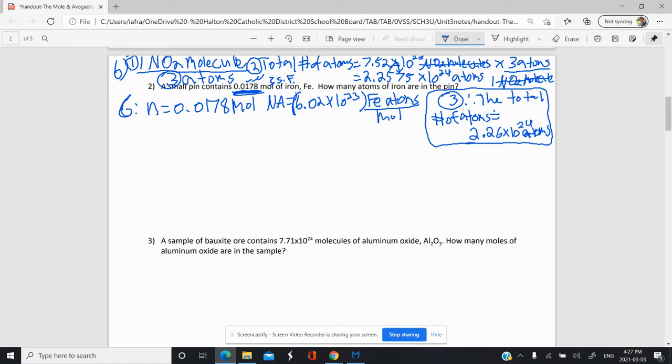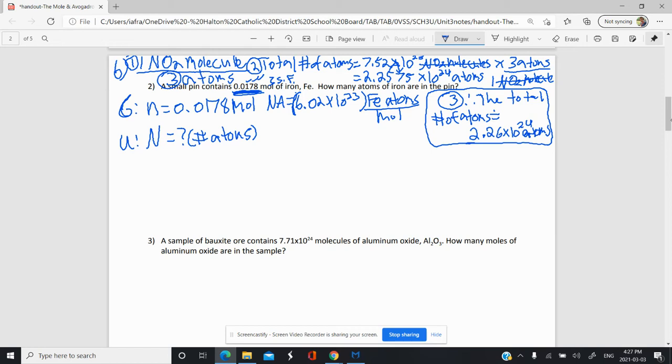So particles is replaced by Fe atoms in this case. And what are we looking for? We're looking for how many atoms there are. So the number of particles we're looking for is N, in other words, number of atoms total.